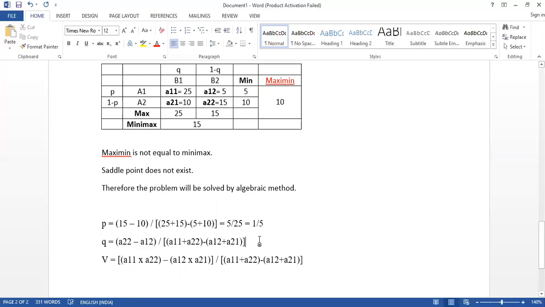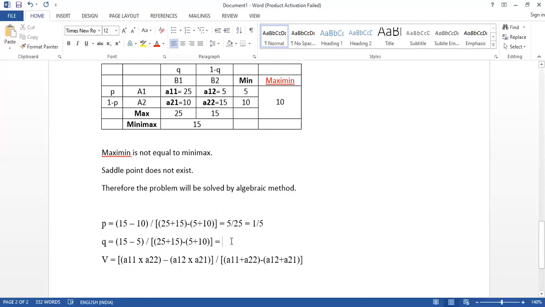That means the probability that A1 will be chosen is 1 by 5. Correct? Coming to Q. Let us do the same activity. A22 is 15 minus A12 is 5. A11 is 25, A22 is 15, A12 is 5, and A21 is 10.